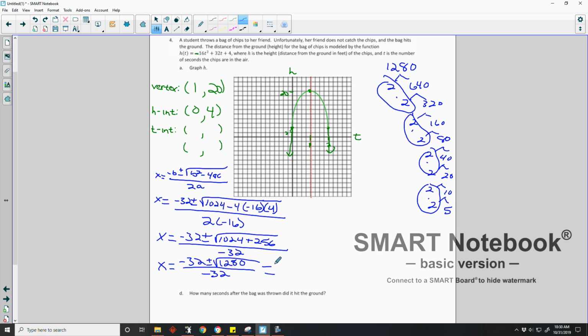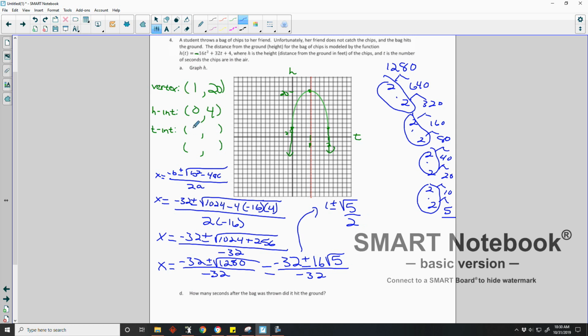So this is going to equal negative 32 plus or minus 16 square root of my leftover 5, all over negative 32. So I'll move that up here. Negative divided by negative is positive. 32 divided by 32 is 1, plus or minus, and 16 divided by 32 is a half, so I can write this as the square root of 5 over 2.